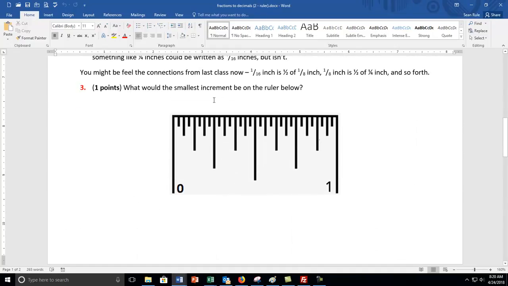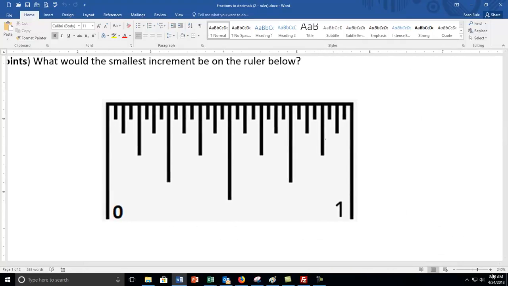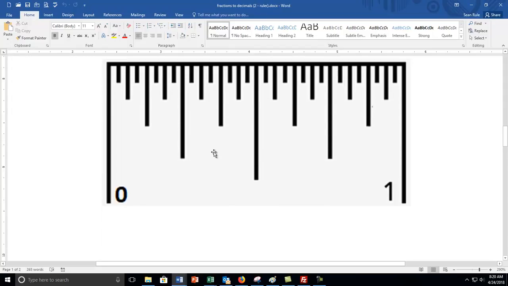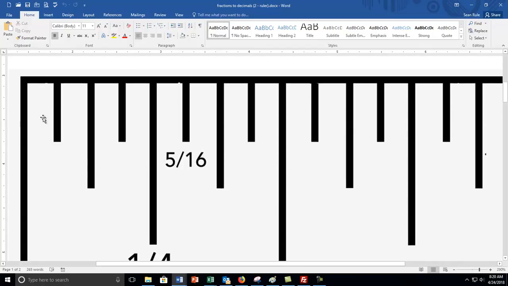But then we got into this finishing ruler, as they're sometimes called, or a frame, not a framing carpenter ruler, but a finish carpenter ruler. So you'll notice that there appear, you might look at it at first and go, what, it's the same as the other one. It's not, though. The other one didn't have these little lines in between. If you scroll up, notice, between 0 and a half, there's only 8 lines. 1, 2, 3, 4, 5, 6, 7, 8.